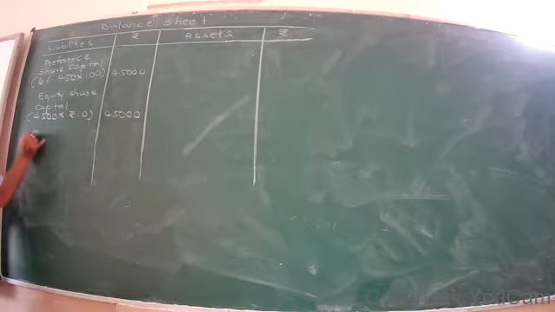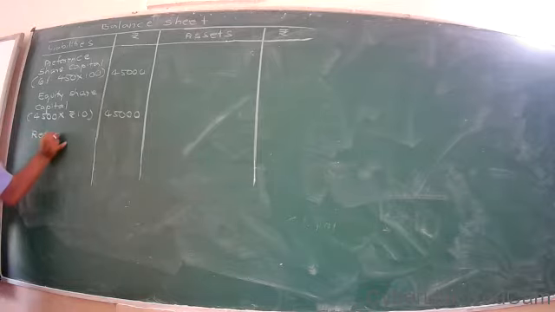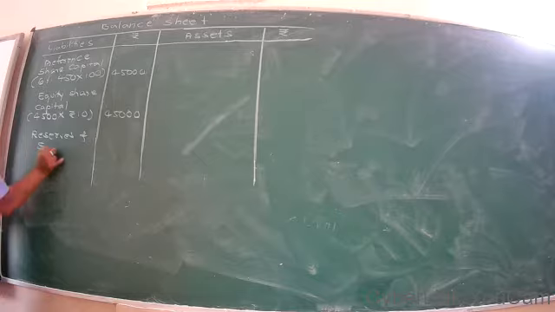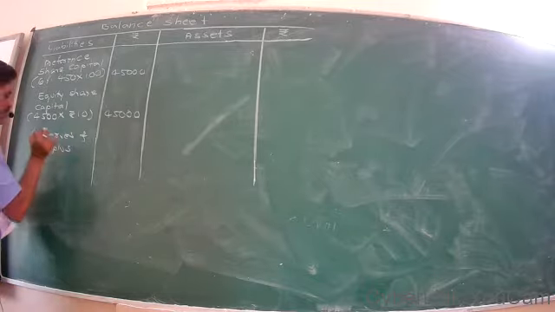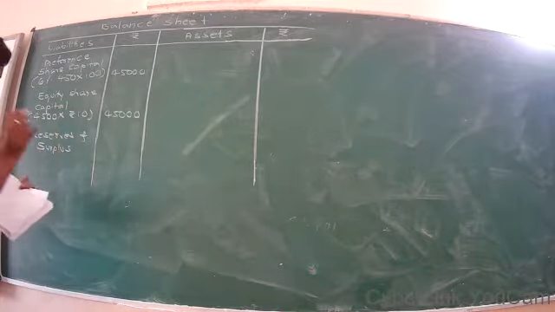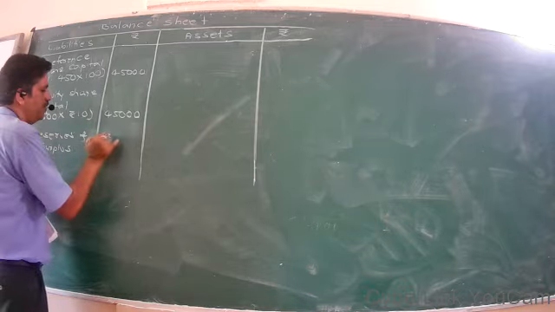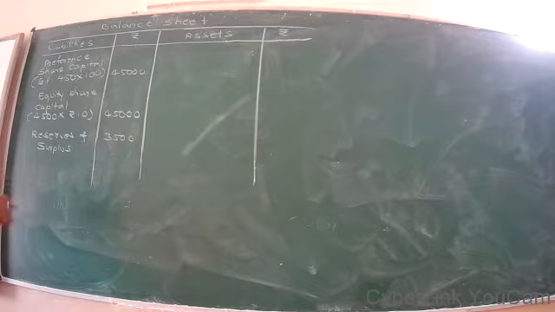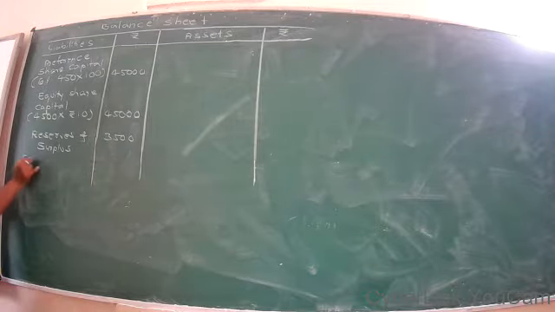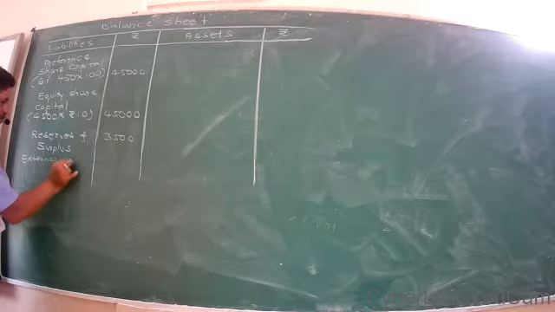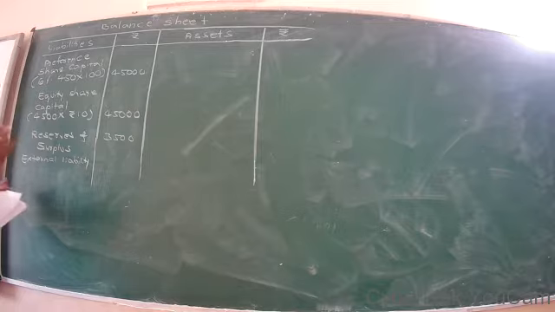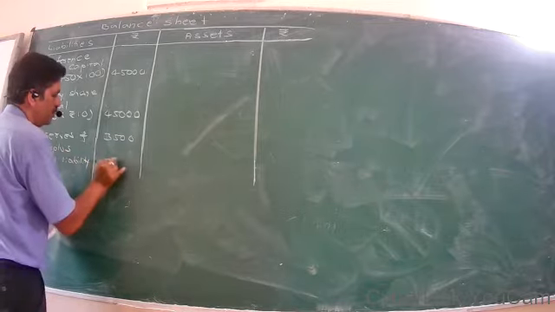Next, reserves and surplus, 3,500. External liability, 7,500.